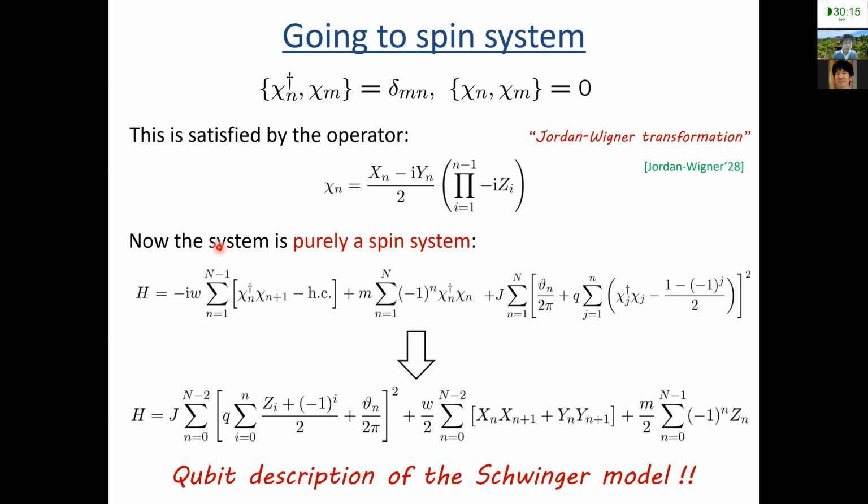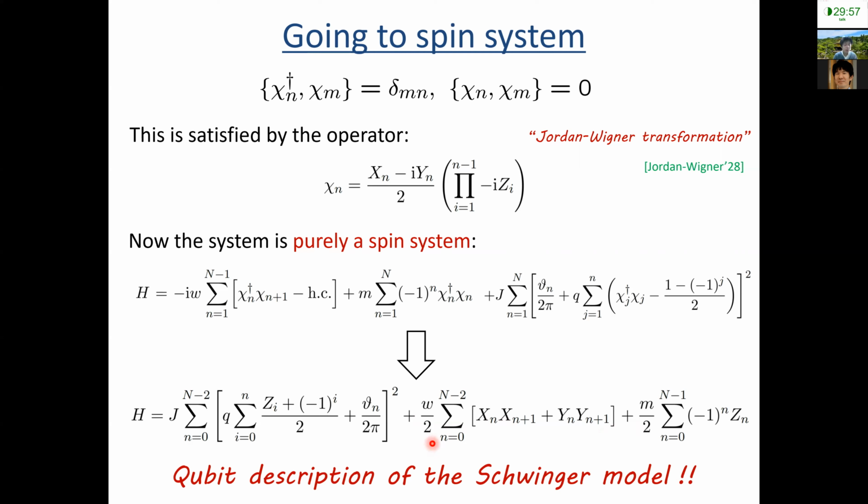Then the system becomes purely a spin system like this. So we have a z-z interaction, x-x interaction, and y-y interaction.